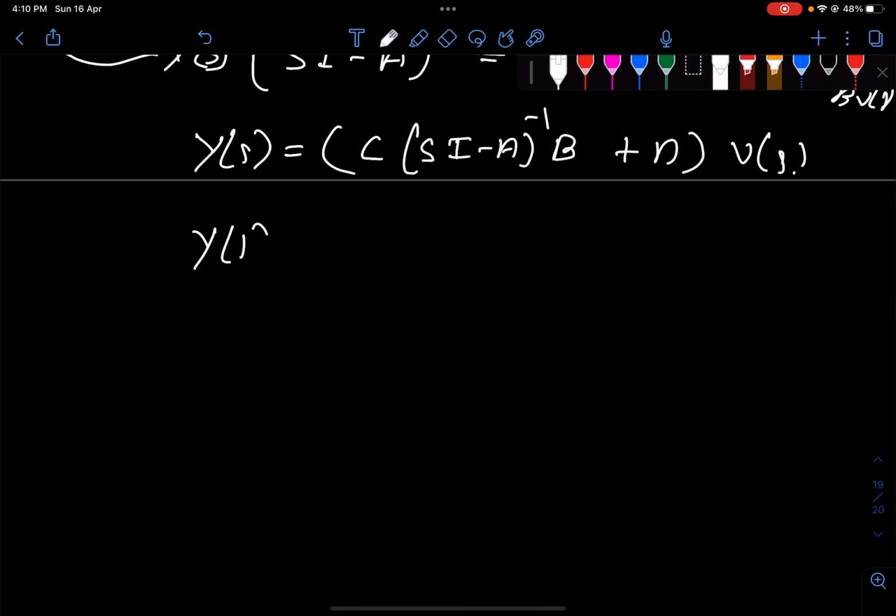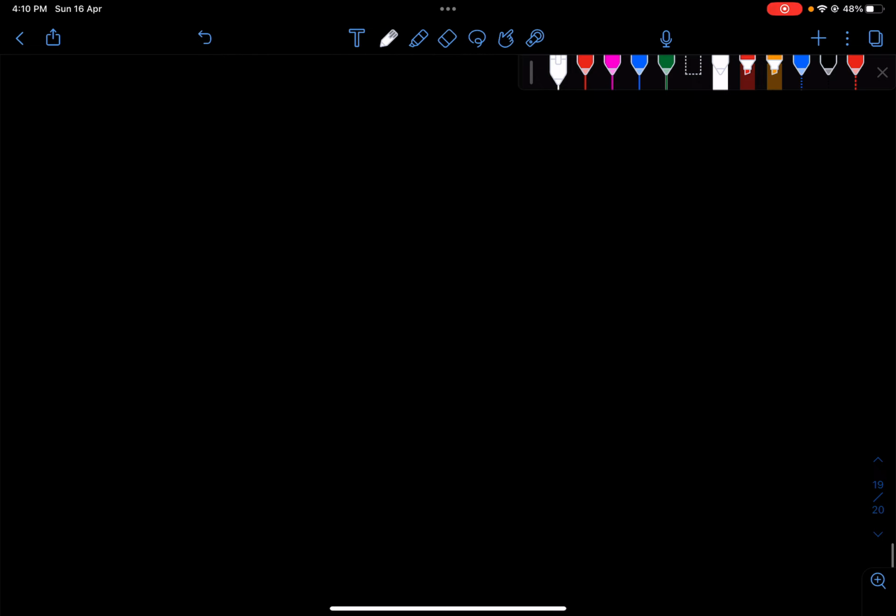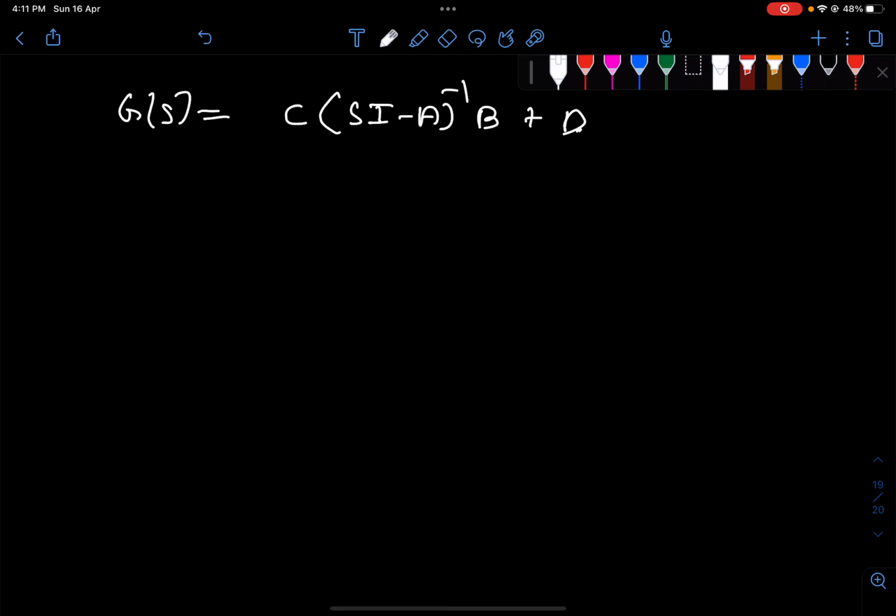So Y of s divided by U of s, that is our transfer function, and it looks like C times (sI minus A) whole inverse B plus D. So from the state space equations, I can easily construct the transfer function. Remember guys, our transfer function is C into (sI minus A) whole inverse B plus D. So we are doing an example here.